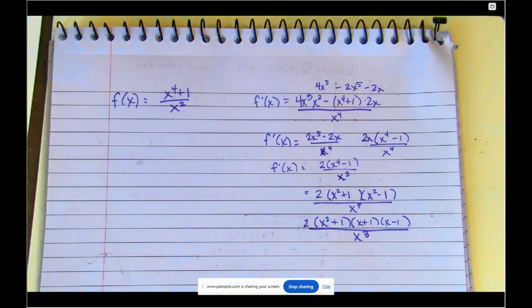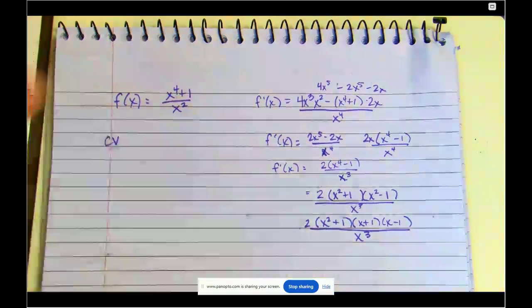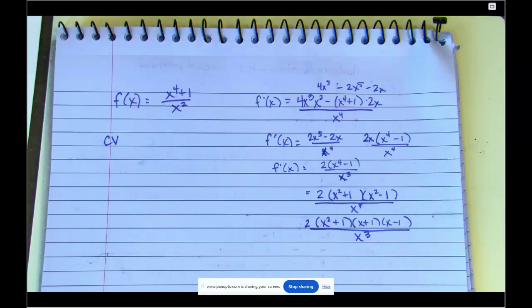Okay, now, here's what I want you to pause and think about. I would like the critical values of this. Take a minute, see if you can figure out the critical values. I appreciate you giving us the derivative. Yeah, I'm trying to at least get you a little bit of time. This was take the rest of the class.